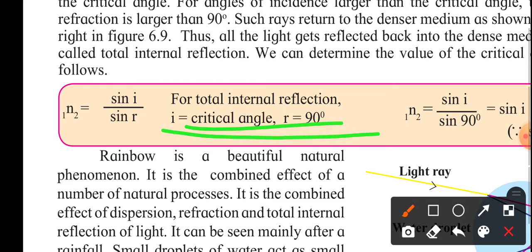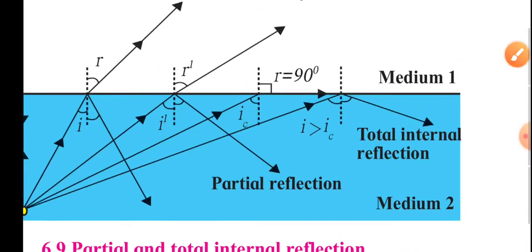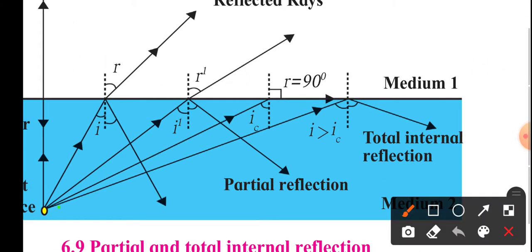The angle at which the refraction is at 90 degrees from the normal. If I go back to the previous picture, you can see that for one particular angle, the refracted ray is exactly at 90 degrees from the normal. So this particular angle is called the critical angle.